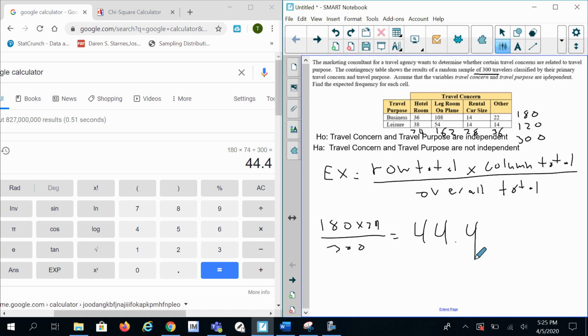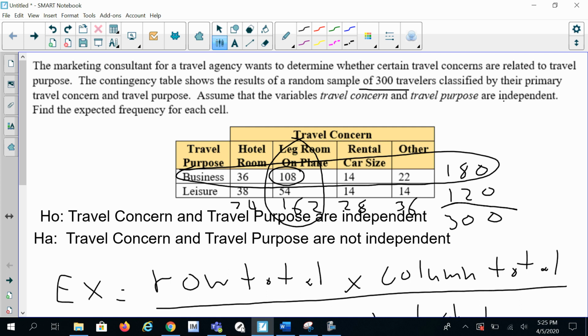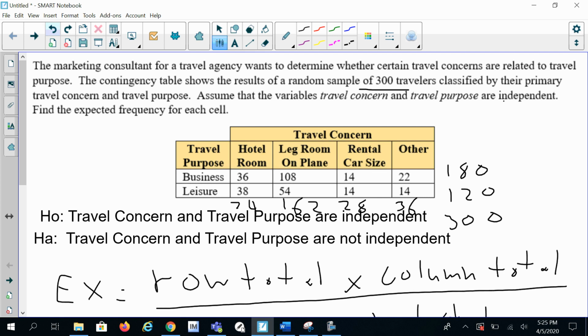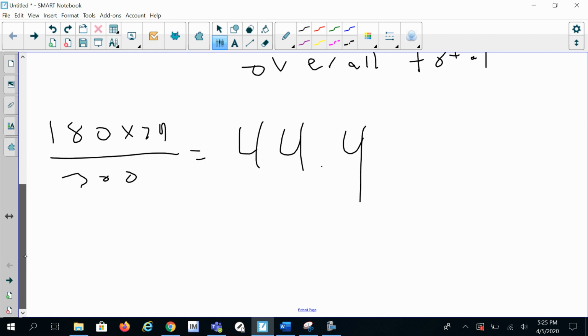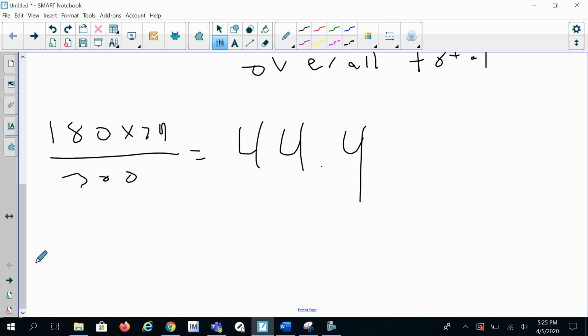So for business legroom, the 108 right here, we have to take that row total, which is the 180, times the column total, which is the 162, divided by the overall total, which is 300. Let's write it down first.